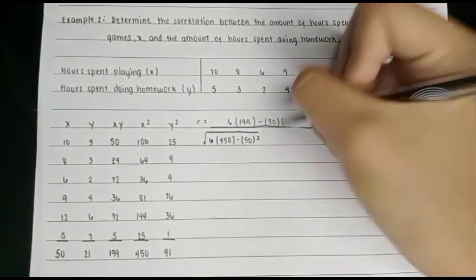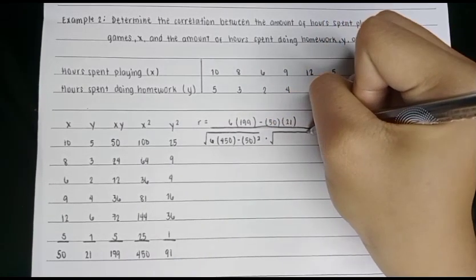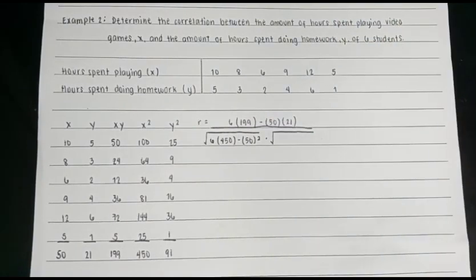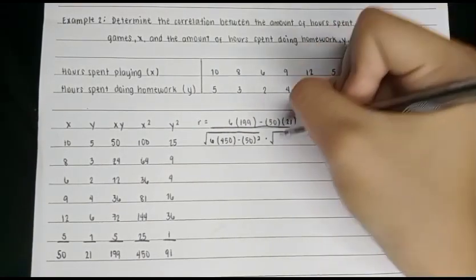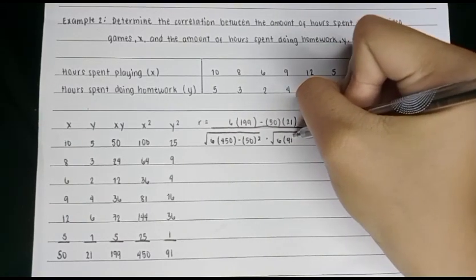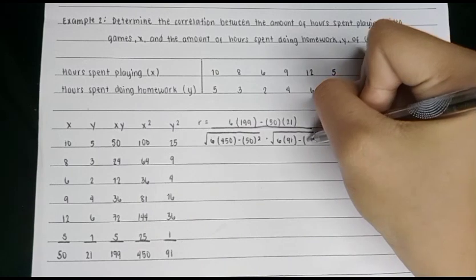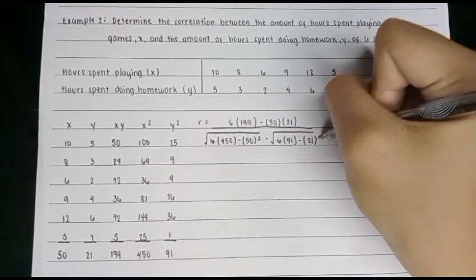Next, square root ulit. Then, the value of our n, which is 6, multiply the sum of our y squared, which is 91, minus the sum of our y, which is 21, then squared.